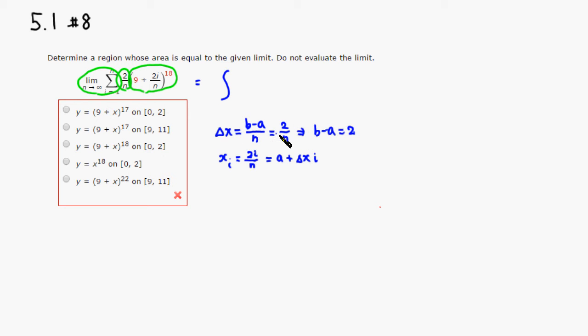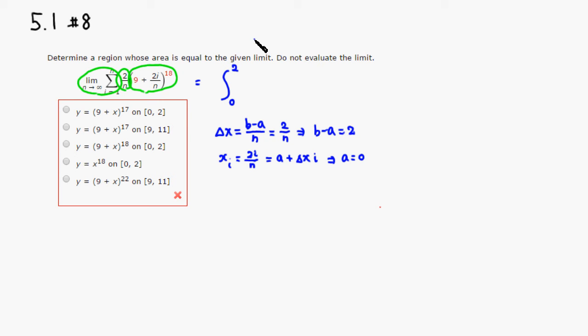So delta x is 2 over n, and it looks like a is going to be 0 because there's no number there. So a is equal to 0. Since the length of the interval is 2, let's start from 0 to 2.